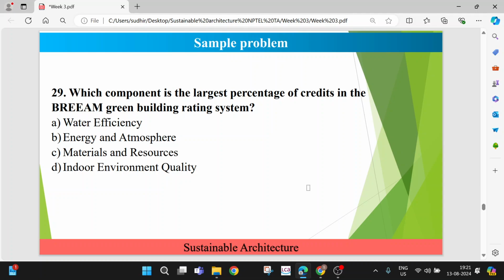Is the question clear to all of you? Yes. Okay, then try to give an answer. I think C. If you don't mind, can you please show the slide 27 and 28 question?